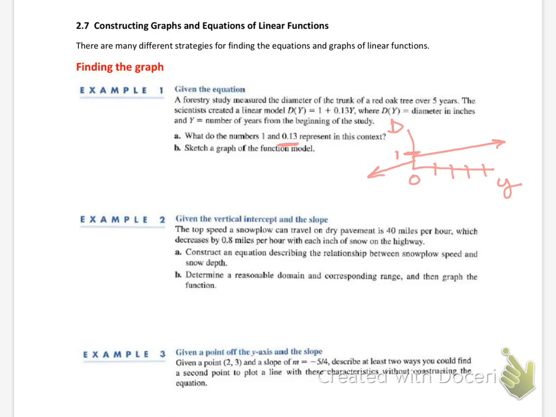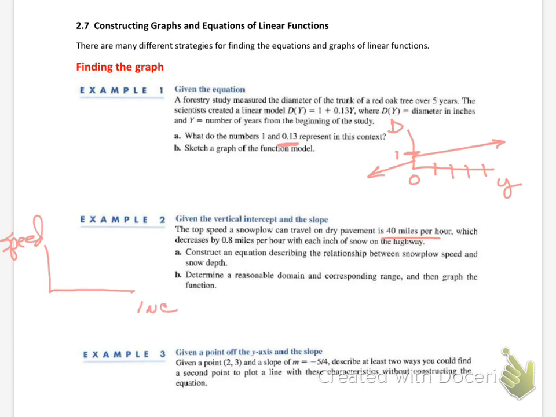Okay, then, the top speed a snowplow can travel on dry pavement is 40 miles per hour, which decreases by 0.8 miles per hour with each inch of snow on the highway. So it looks like we have speed and we have inches.